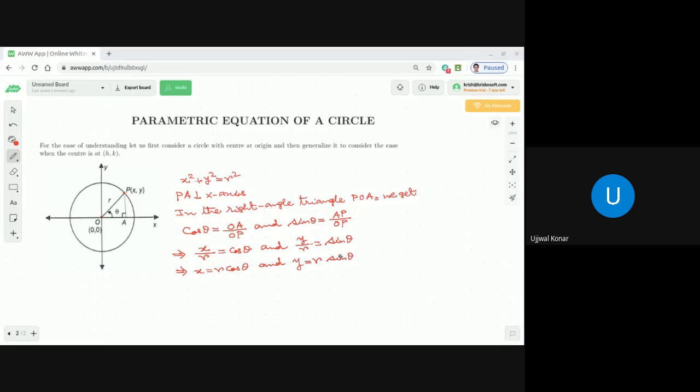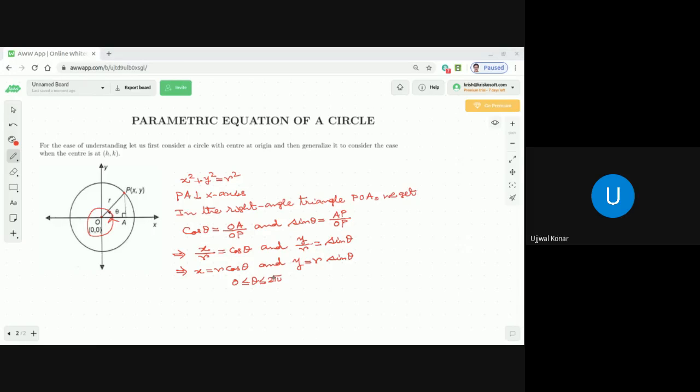This satisfies the equation of the circle when theta is between 0 to 2 pi, because theta can go up to 360 degrees. So here 0 less than or equal to theta less than or equal to 2 pi.